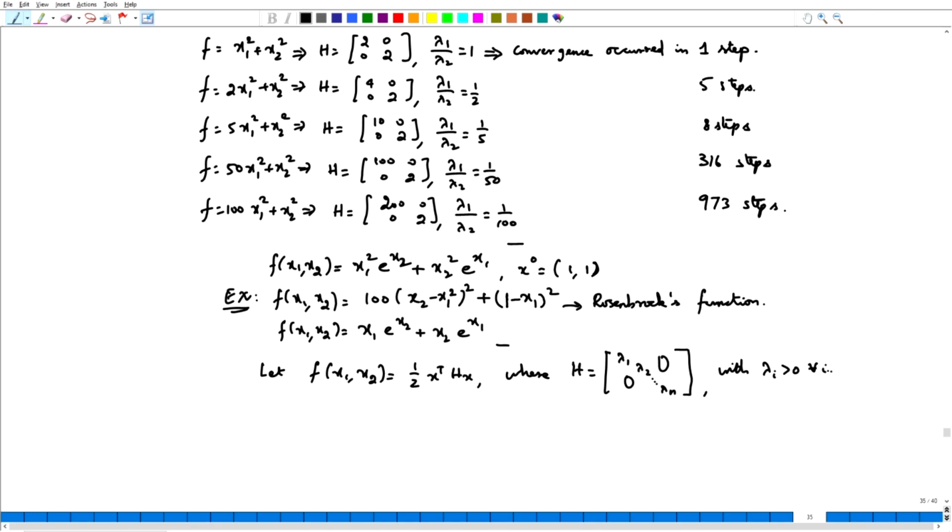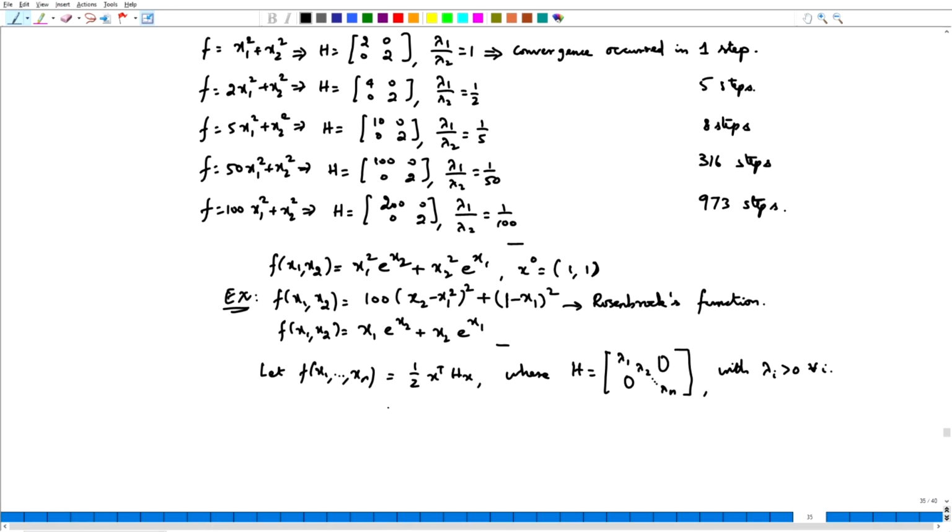So, all of lambda1 to lambdan are positive.